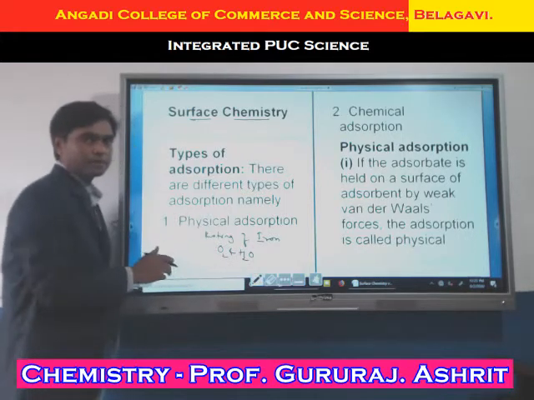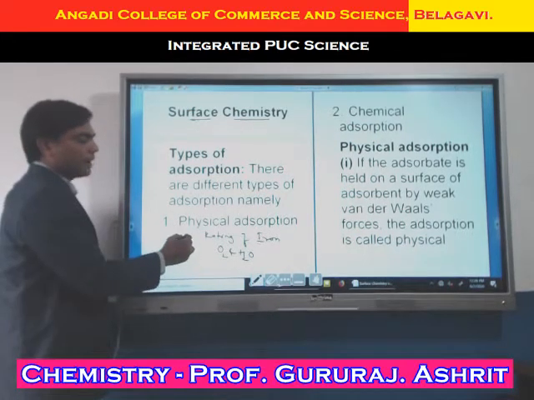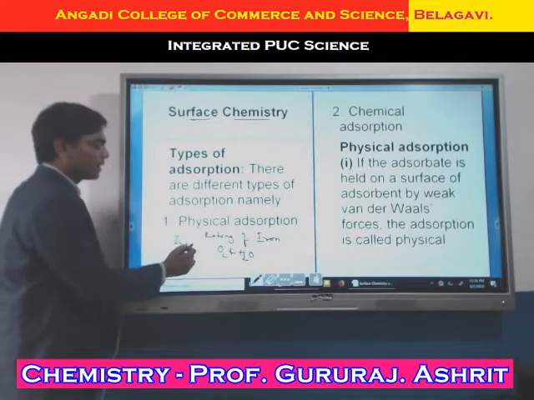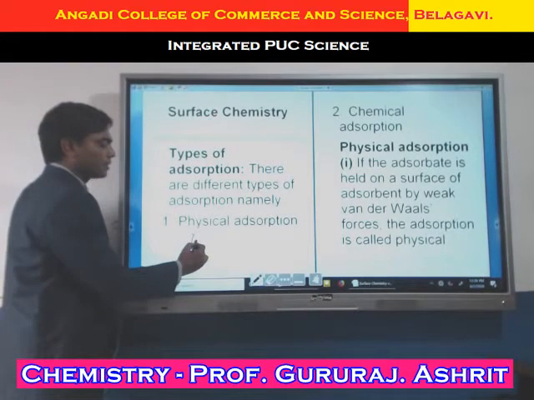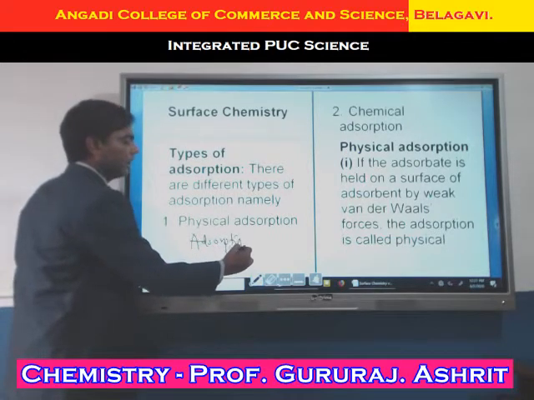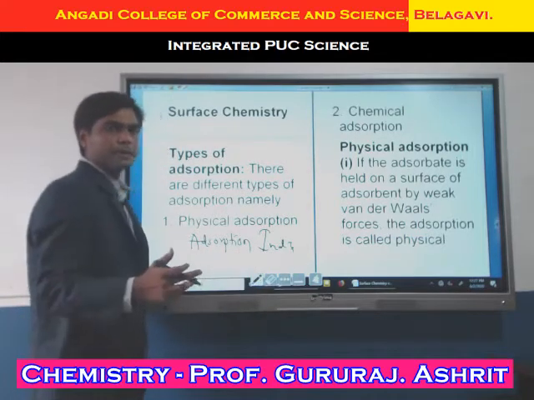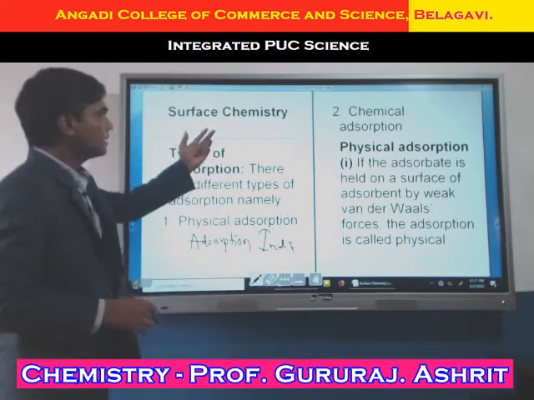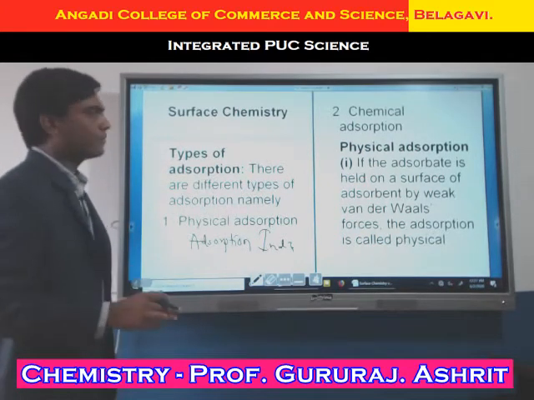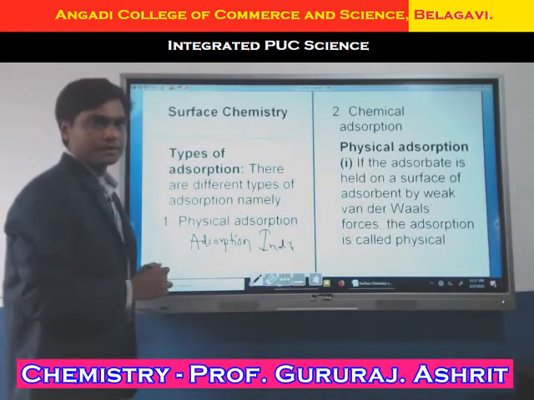This is one example. Second, adsorption of indicators is also an example of a surface phenomenon. Hence we can define this as the branch of chemistry which deals with the surface and its phenomena, called surface chemistry.